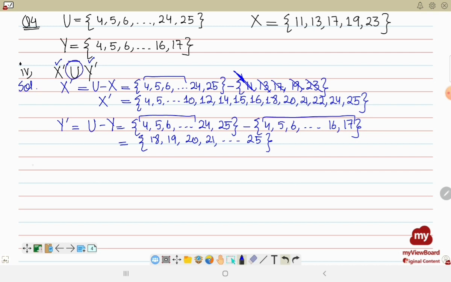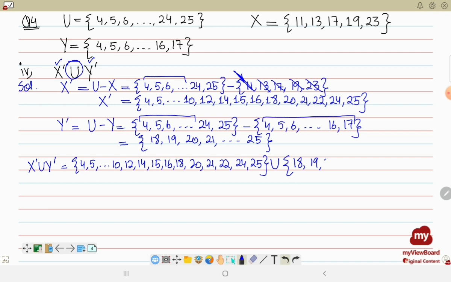Now what we are supposed to find, we are supposed to take the union of these two sets, right? So X complement union Y complement. So we are going to write down the set of X complement: 4, 5 till 10, then 12, 14, 15, 16, 18, 20, 21, 22, 24, 25, bracket close, union Y complement: 18, 19, 20, 21, 22, 24, 25, right?